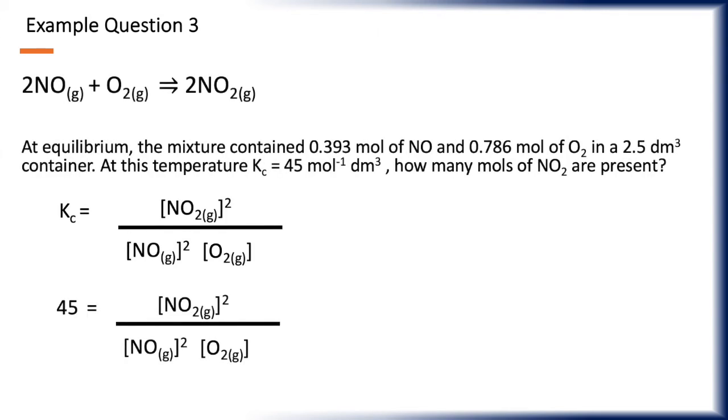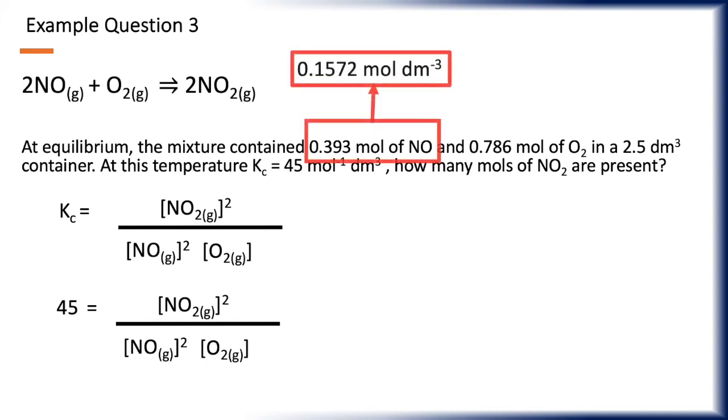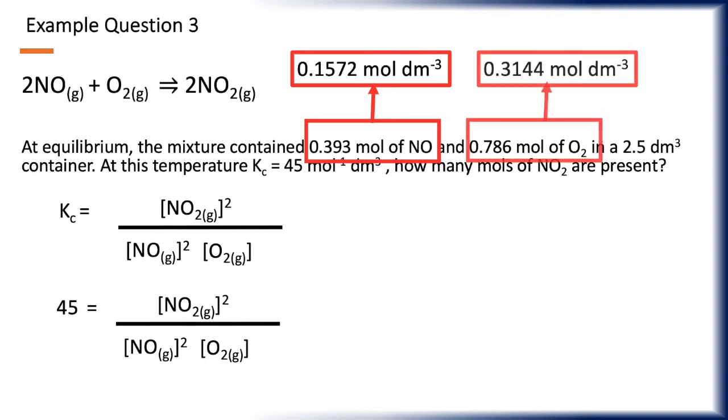However, we can now substitute in what Kc is as being 45. And we need to convert those moles of both NO and O2 into concentrations by dividing them by 2.5. And we can pop those into our Kc expression.